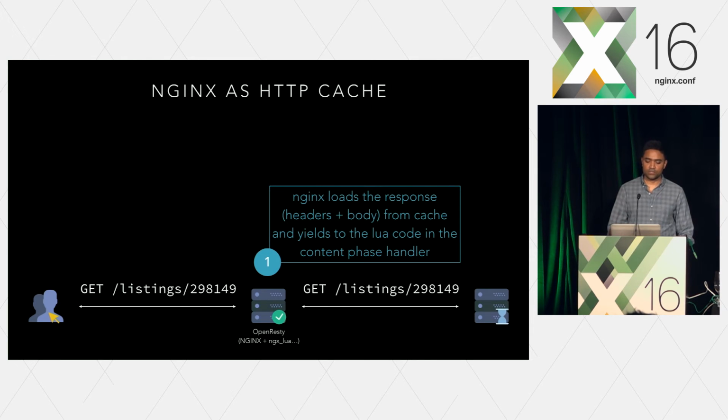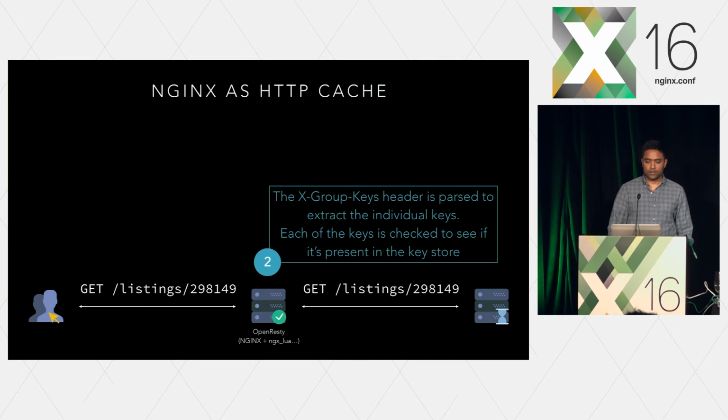In this case, Nginx loads the response, which includes headers and body, which is a general feature of caching servers where they store the headers along with the body. And then again yields to the Lua code in the content phase handler. And this is when we do the real check of is this response valid?